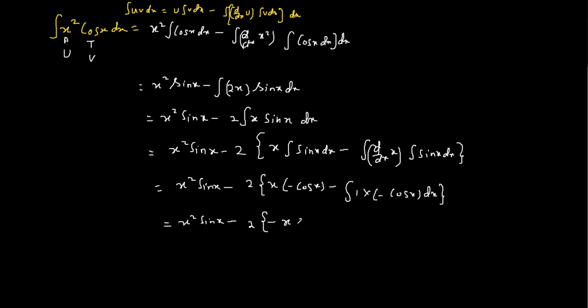Open the bracket: minus x cos x minus minus plus integration of cos x. What is the integration of cos x? Now you can see a single term is there, no need to integrate by using the UV rule. When you open the bracket, you will get plus 2x cos x minus 2 times the integration of cos x.